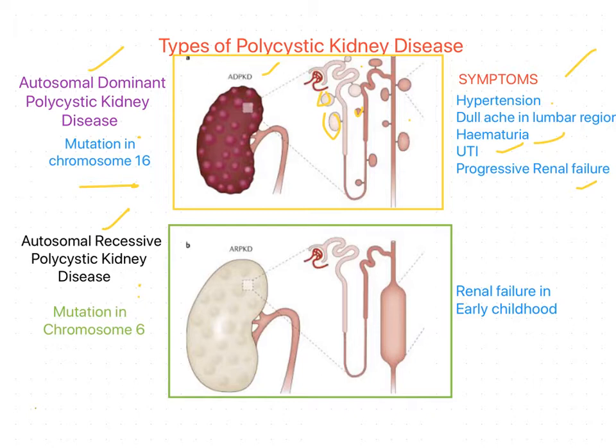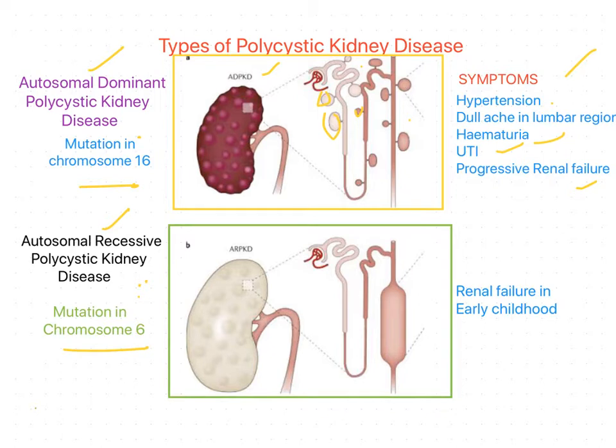Okay, next we will move on to the second type, that is the infantile type. This infantile type is called autosomal recessive polycystic kidney disease, which is very rare, and this condition occurs due to a mutation in chromosome 6.